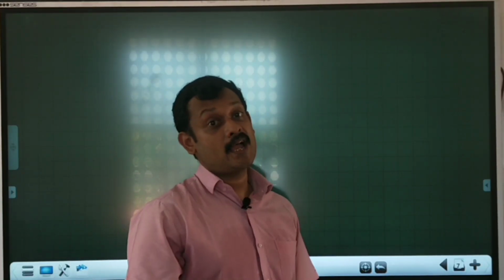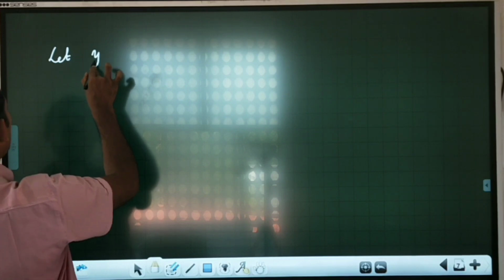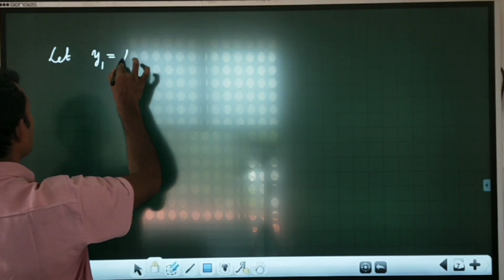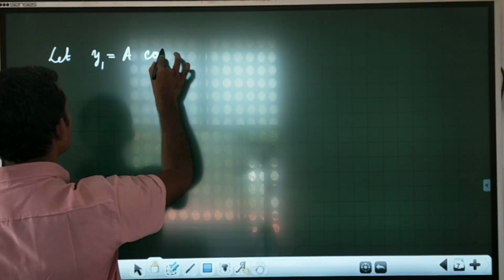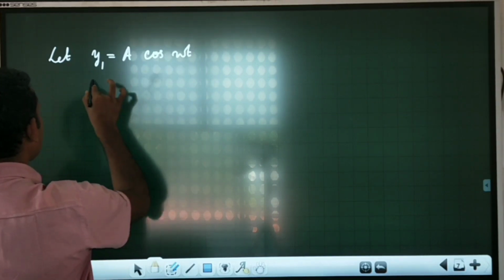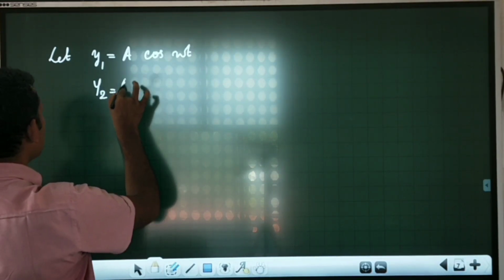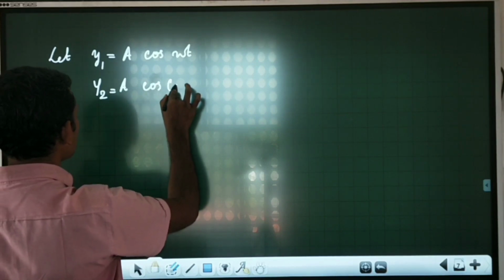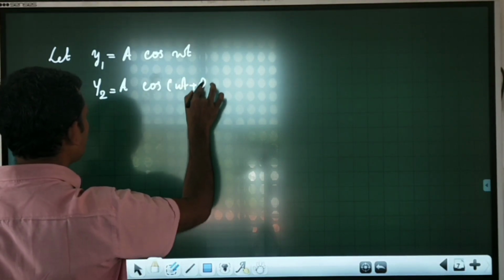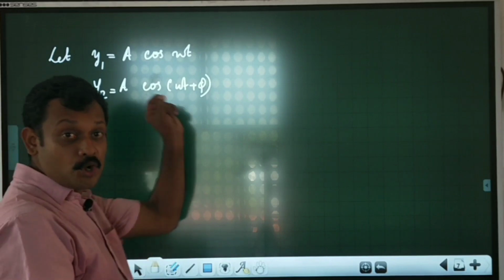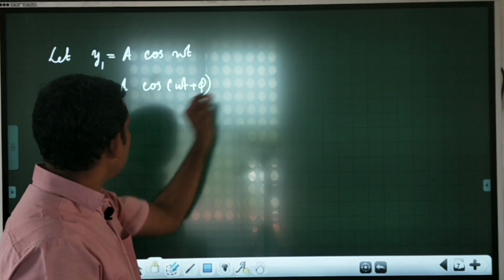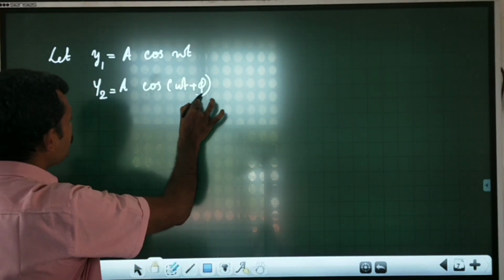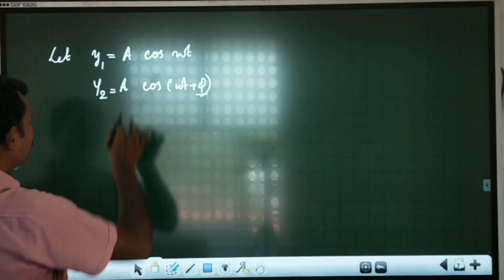So now we will consider the mathematical analysis of the coherent addition of waves. Let y1 is equal to a cos omega t and y2 is equal to a cos(omega t plus phi) represent two coherent waves at x equal to 0. You can see they are coherent waves because phi is the phase difference between them.